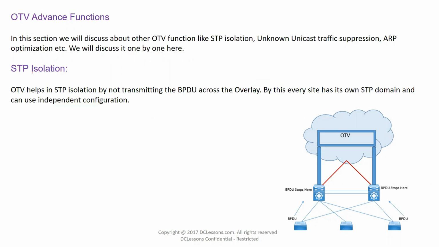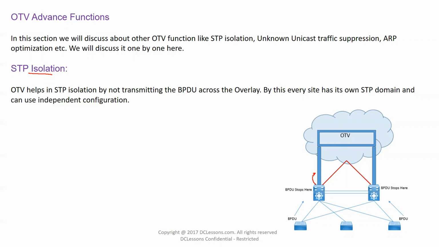So in the first step, what is STP isolation? OTV helps in STP isolation by not transmitting any BPDU across the overlay. Once the BPDU is not allowed to cross the overlay, the STP instance will not be shared between these two different sites.